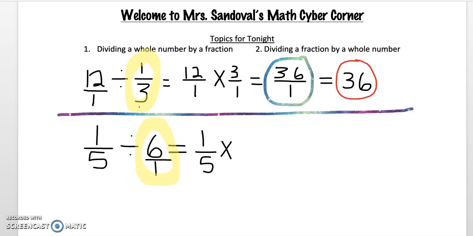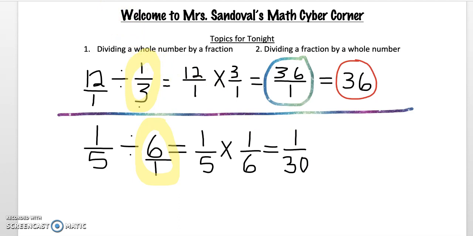So now, instead of being 6 ones, it becomes 1/6. There we go. Now our problem is ready to be solved. Remember that we just multiply across. 1 times 1 equals 1. 5 times 6 equals 30.